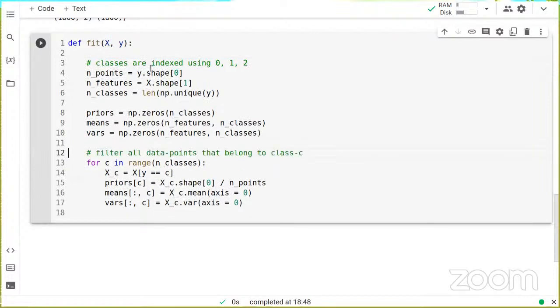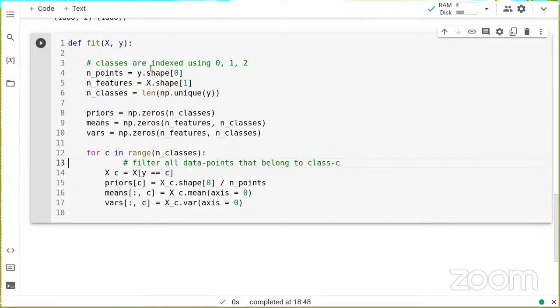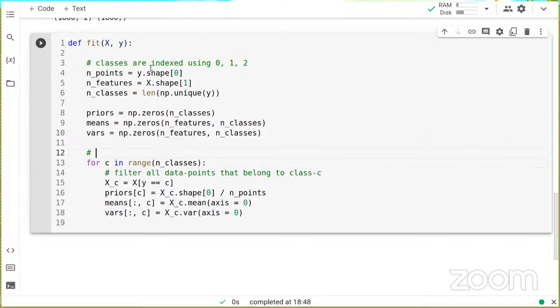It's more appropriate here. So what comment would I write here? Just say estimate the parameters for each class. You first filter all data points, and the rest is self-explanatory.